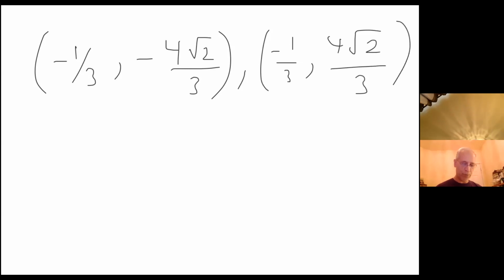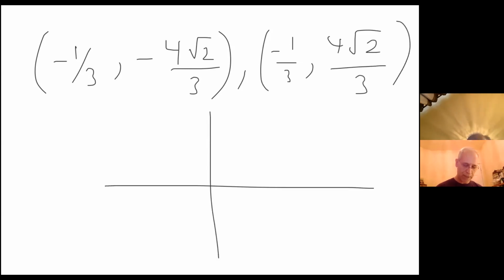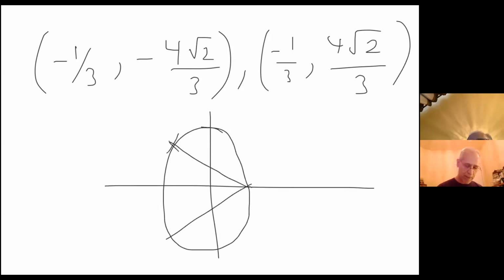Those two points are, as we predicted, about here and about here. These are the two points that have the most distance from the point (1, 0). Okay, thanks.